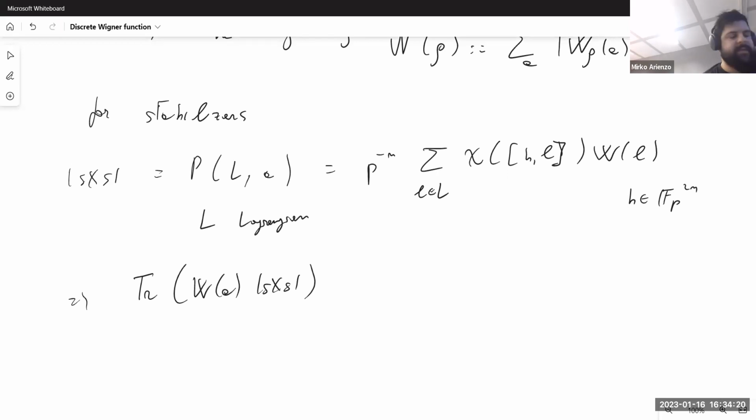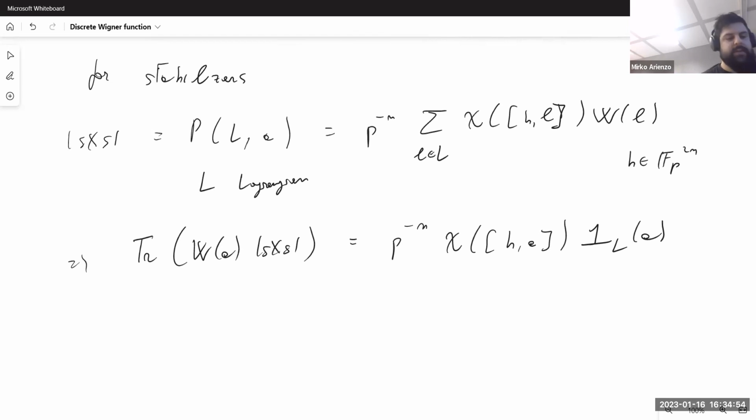But then everything goes out of the trace, and then we have the trace of W A, W L, and they are traceless. So this is basically p to the minus n, and then we have the character H A, and then we have the indicator function on the Lagrangian subspace that determines our stabilizer state.